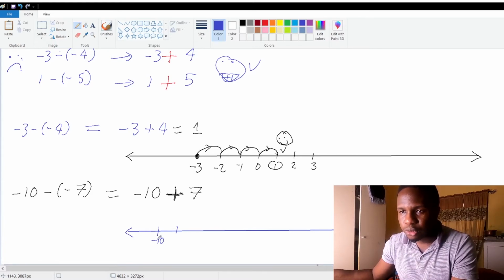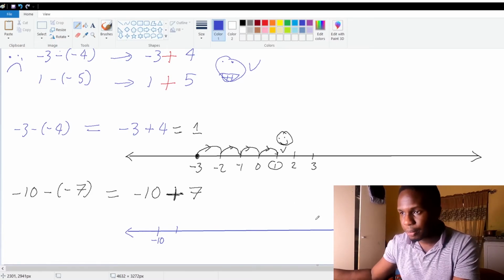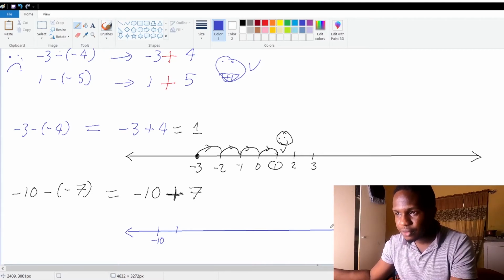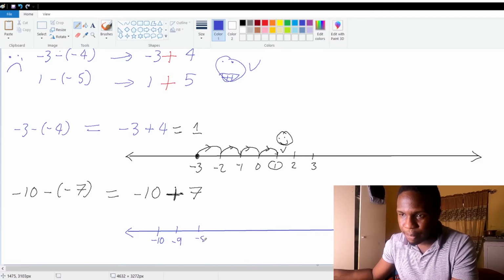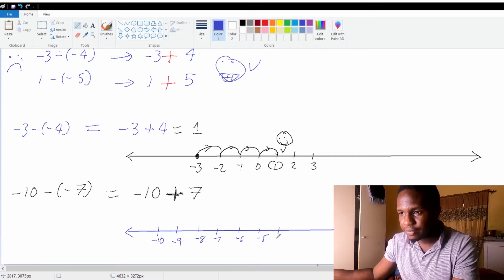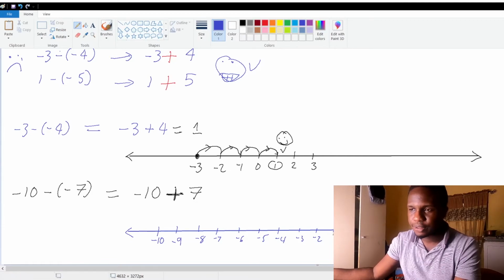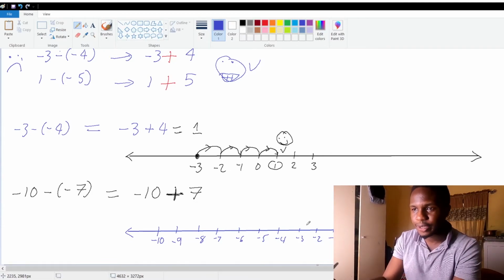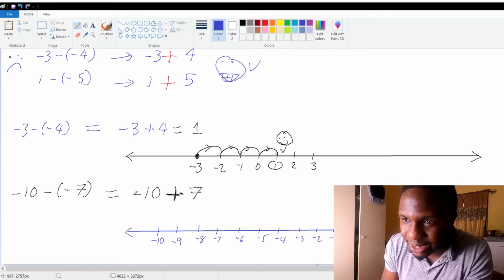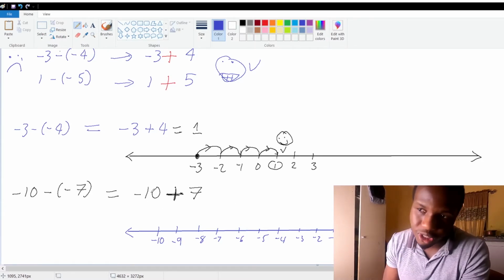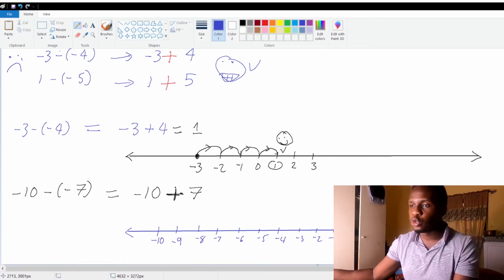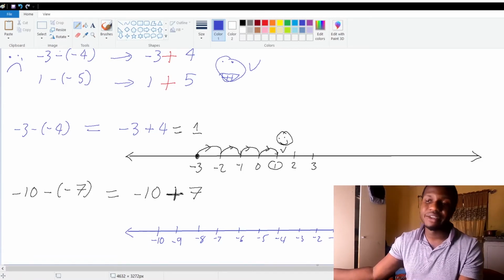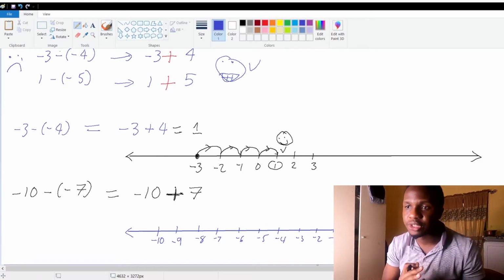If we're going this way, remember 0 is somewhere here, that means we write minus 9, minus 8, minus 7, minus 6, minus 5, minus 4, minus 3, minus 2. I can actually stop here, but let me complete it. It's always good to use numbers that are close to the question you're given. You will notice that I'm not using 2, 3, 4, 5 because it's not necessary for this problem.